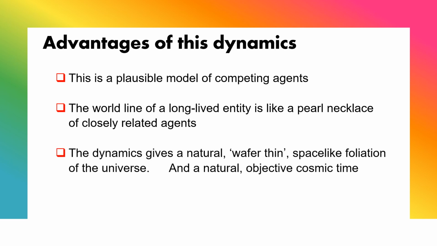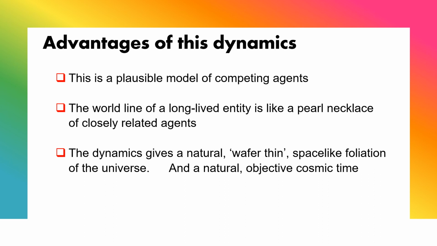Third, the dynamics gives a natural, wafer-thin, space-like foliation of the universe, and it gives a natural, objective cosmic time. The increments of cosmic time are minuscule. For example, Tim Maudlin estimates that, according to GRW, about 10 trillion localization events occur within a human body per second.